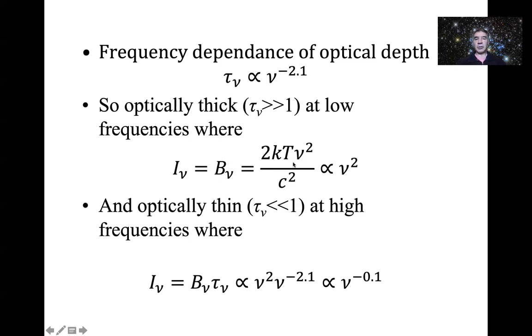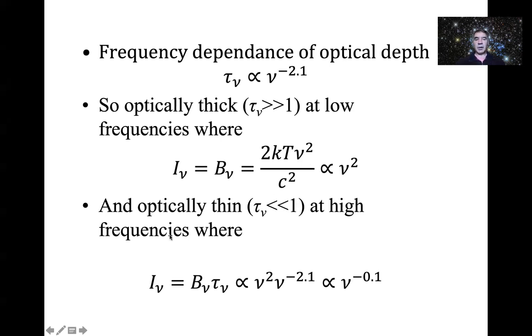And again, recall that at radio wavelengths, at low frequencies, this Rayleigh-Jeans approximation is fine for the Planck function. So you can see here that the frequency dependence is just nu squared. Okay. All of the rest will be constant if the temperature stays the same at around about 10,000 Kelvin.